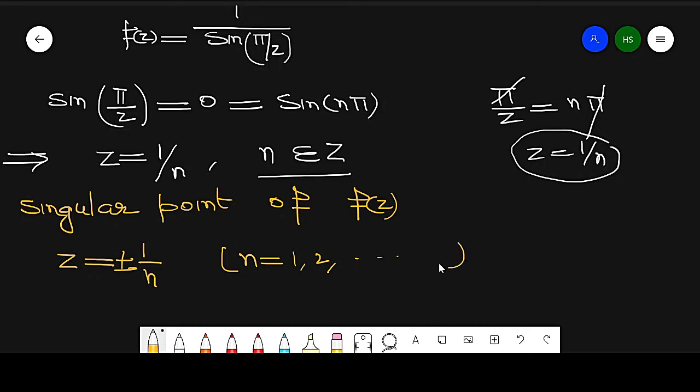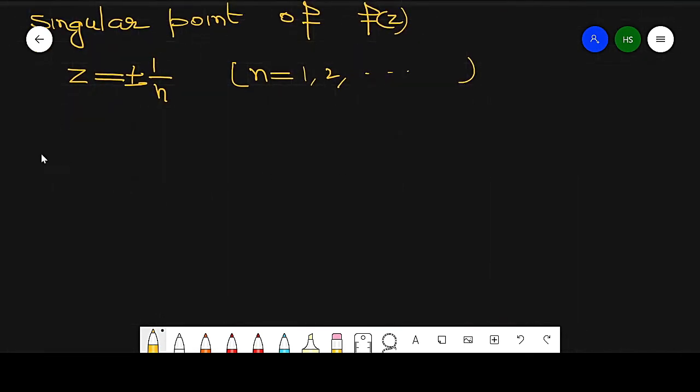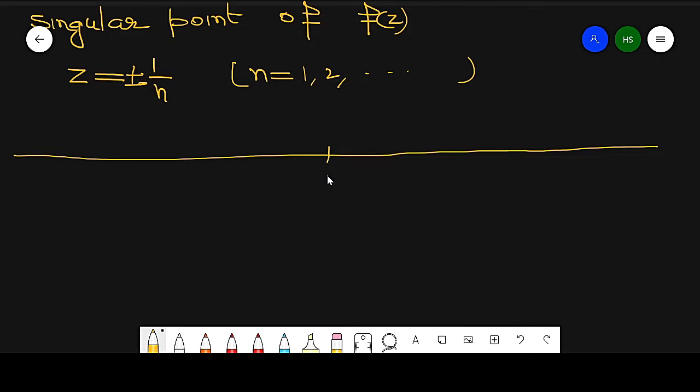At 0 this value is infinity, so it is not an integer, and we are finding the finite singular points. Now z equal to plus minus 1 by n, n running from 1 and so on. Now check the singularities. If this is our straight line, this point is the origin.